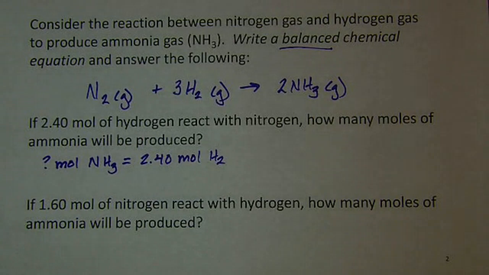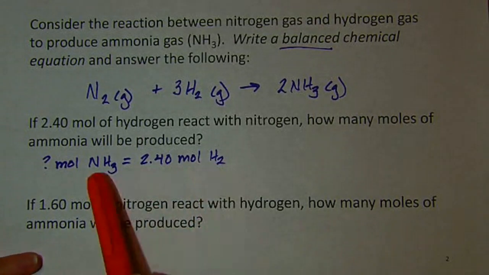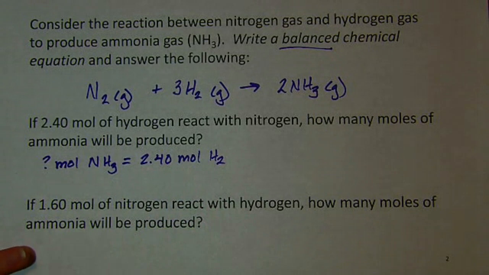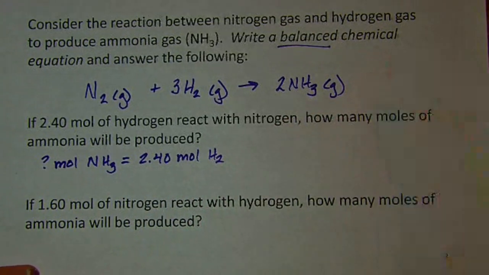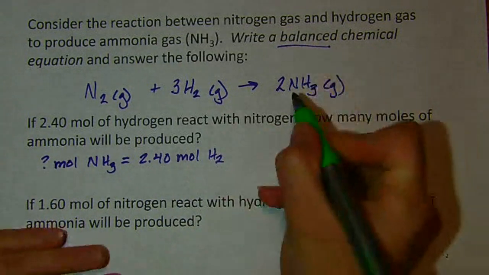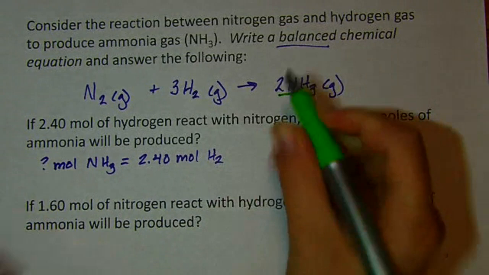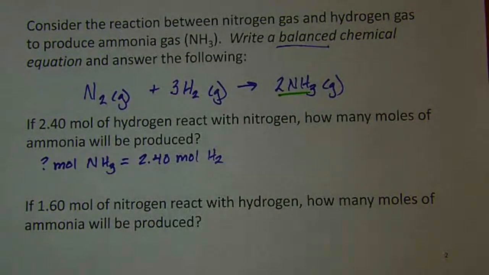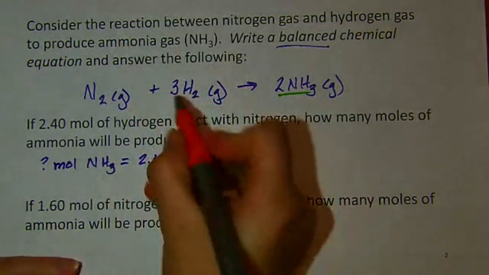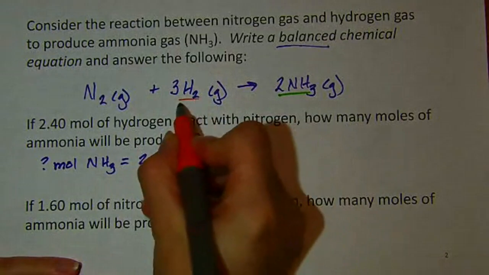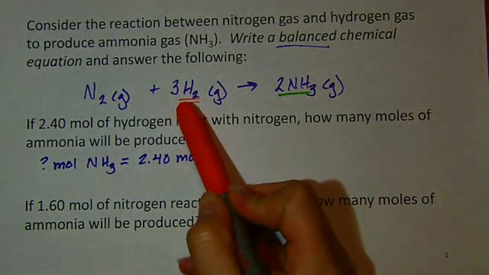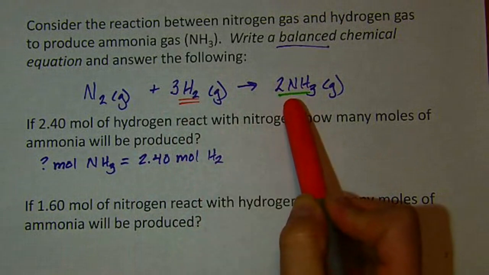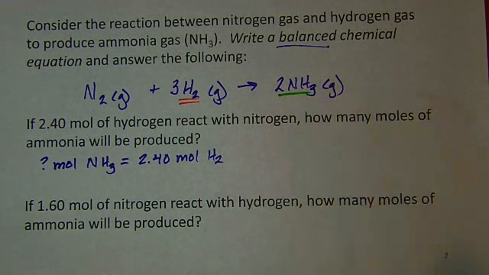So I need to establish some sort of relationship between my hydrogen and my ammonia. Well, if I look at my balanced chemical equation, I can see that for every 3 moles of hydrogen that react, that's going to produce 2 moles of ammonia.